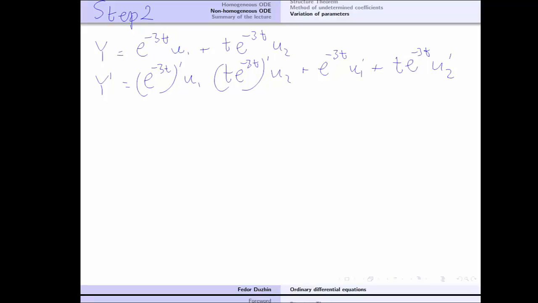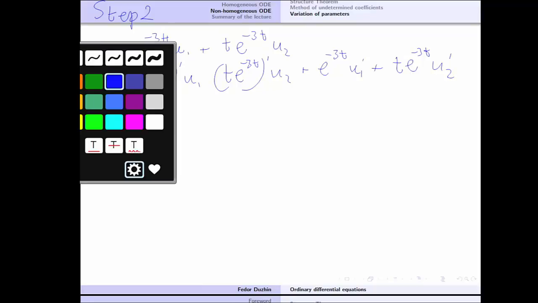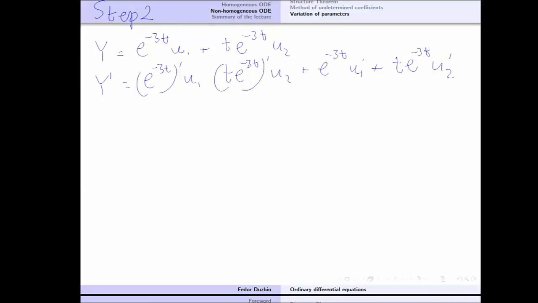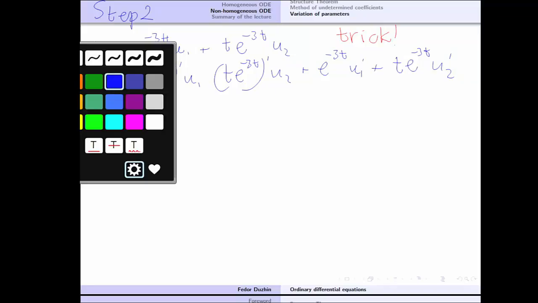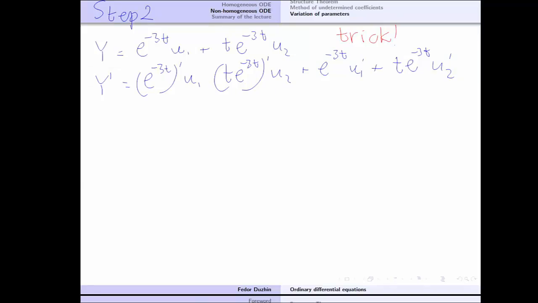Wow, and now we have a very, very nice trick. The idea is that we are looking for two unknown functions u1 and u2.